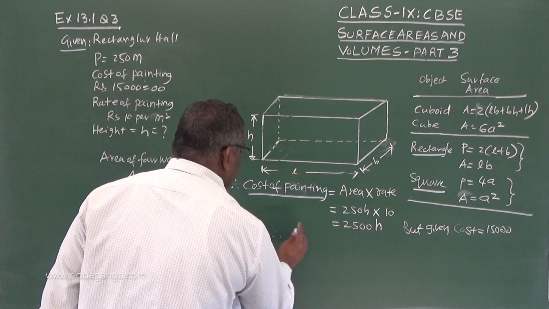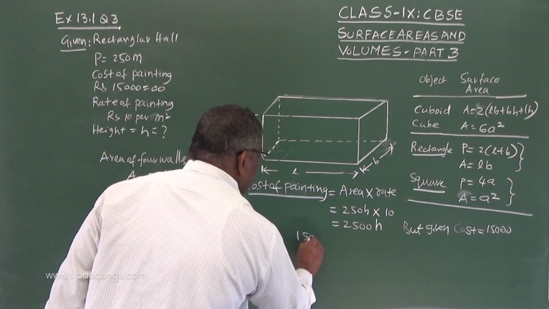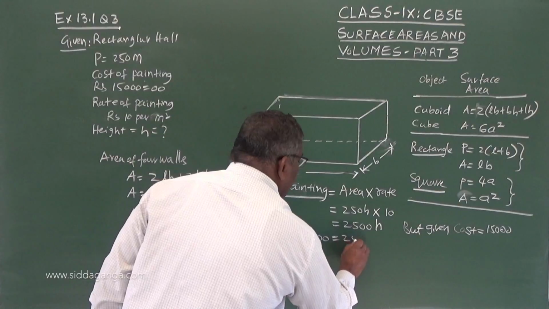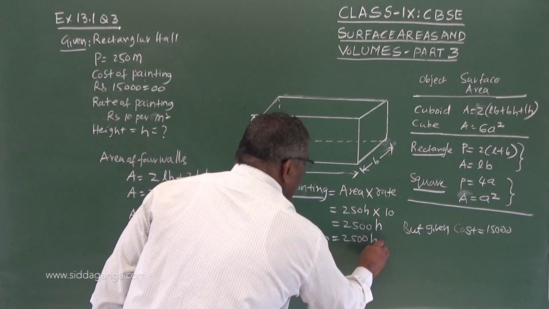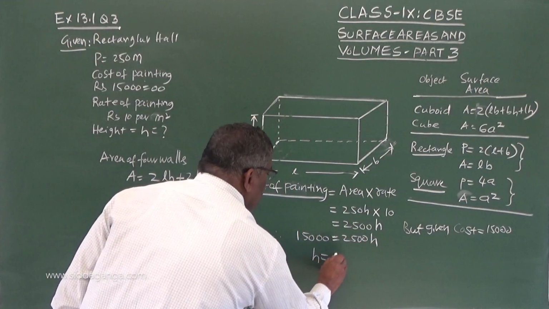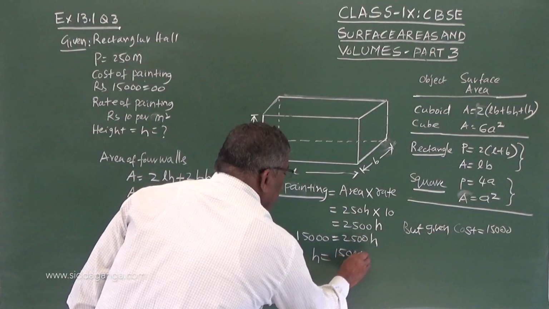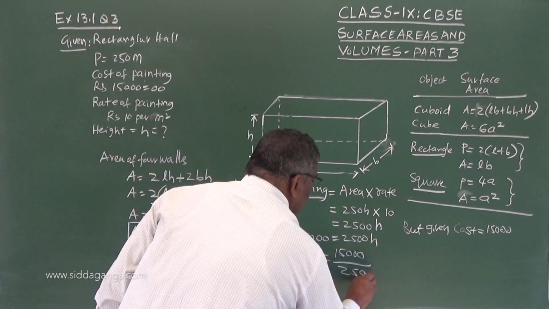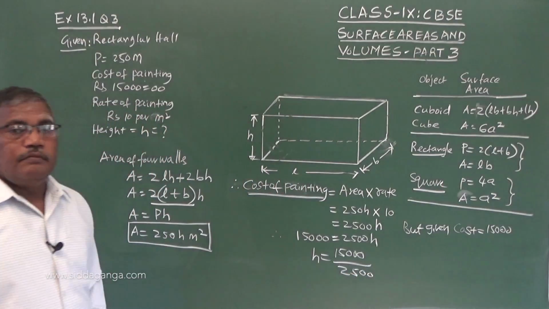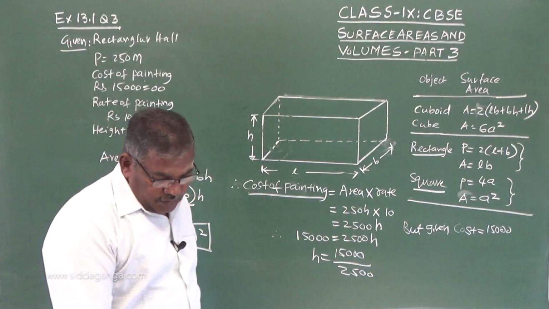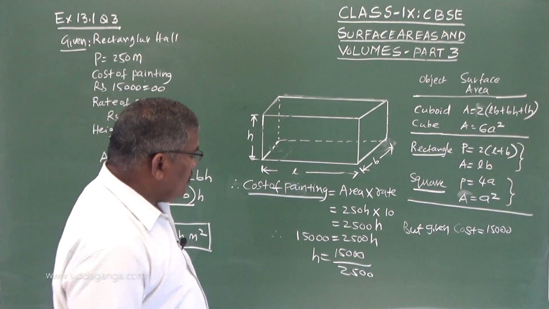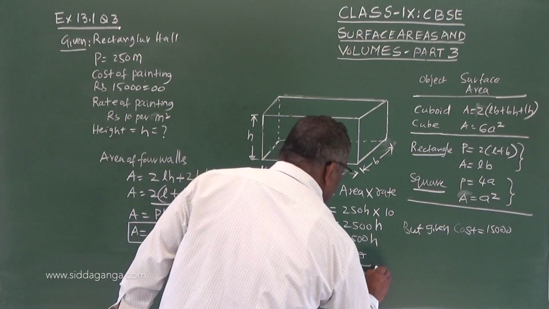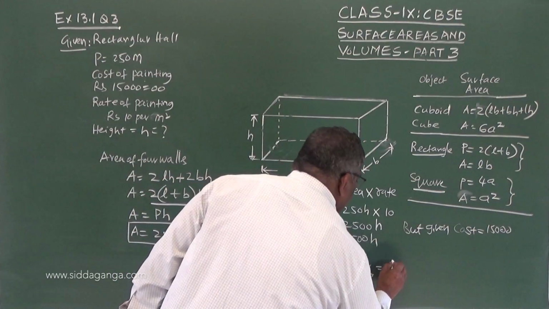So 15,000 equals 2500 H, or H equals 15,000 divided by 2500. You cancel 2 zeros, you get 150 divided by 25, which is 6.